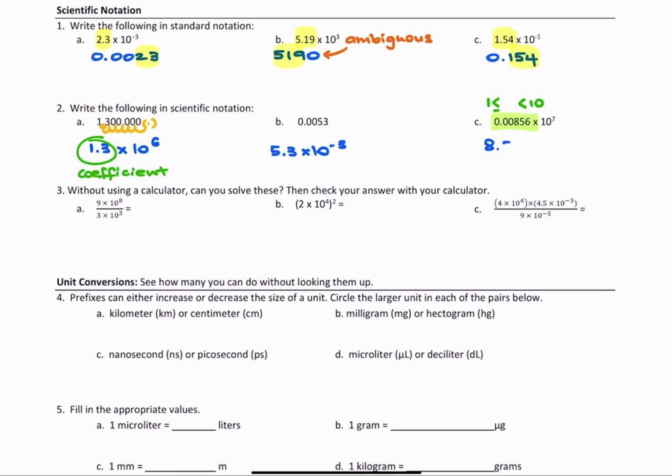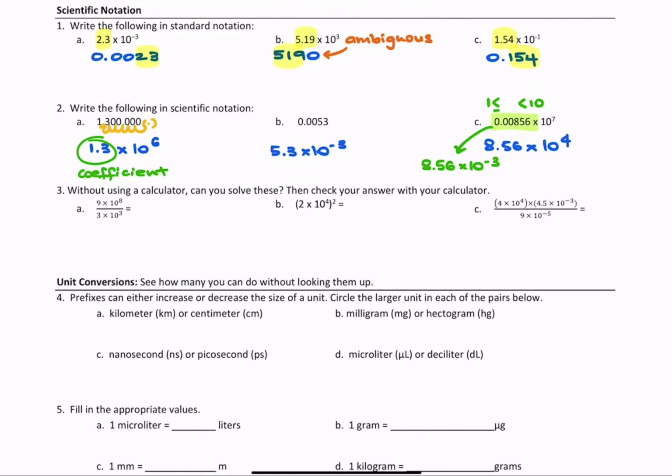8.56 times 10 to the 4th. So how do I do this? There's two options, but the easier one will be to convert the green part into scientific notation. So this is 8.56 times 10 to the negative 3.